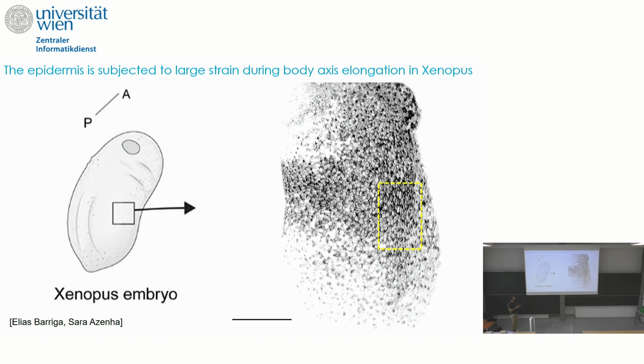And the idea here was to select a tissue that is subjected to large deformations. The tissue that we looked at is the lateral epidermis, so it's roughly on the belly of the tadpole, and we're looking at a time when the embryo is elongating in the anterior to posterior axis. So this is the region that we'll be looking at.